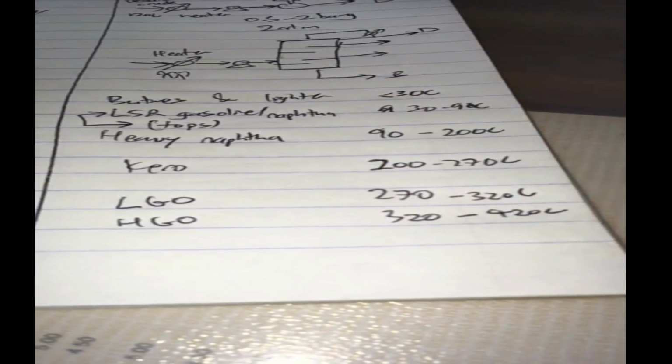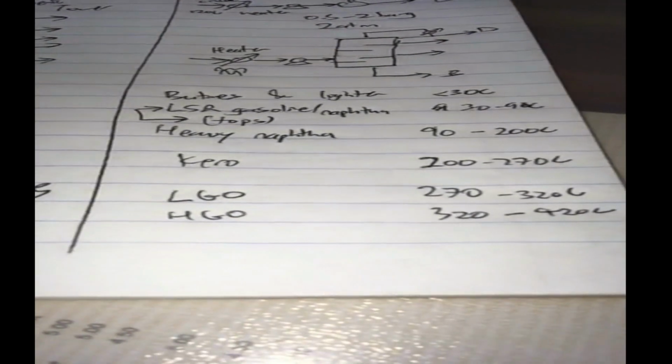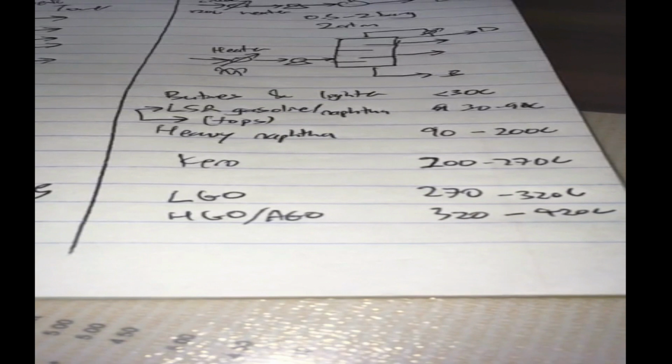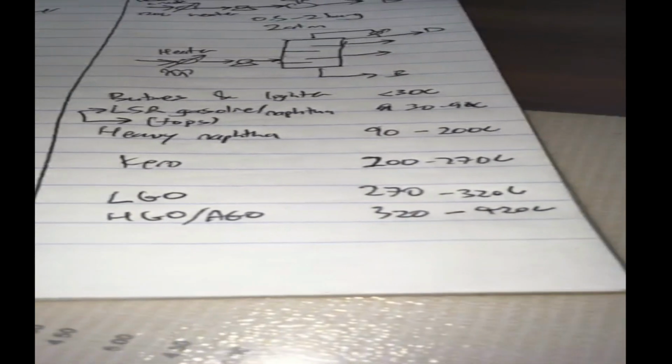And yeah, let's check again. Yes, this is our table from Penn State. It's about 420, yeah? So 320 to 420, heavy gas oil. Sometimes it's also called atmospheric gas oil, AGO.